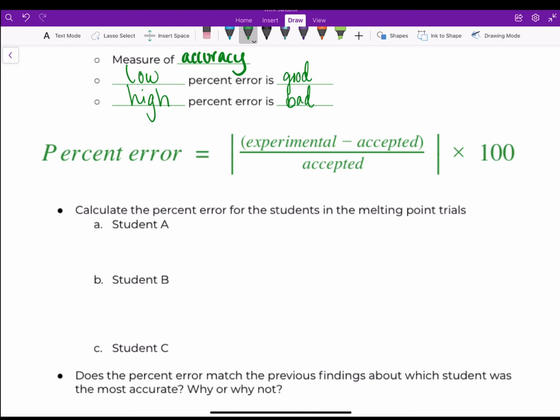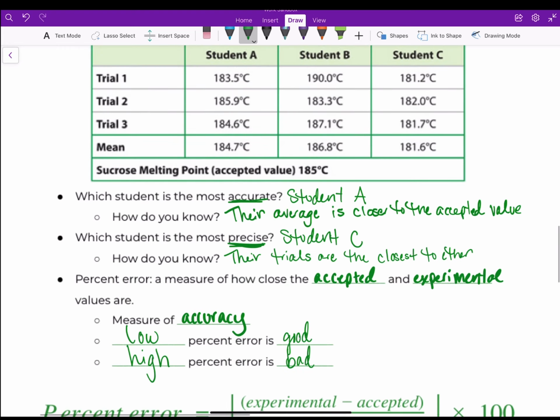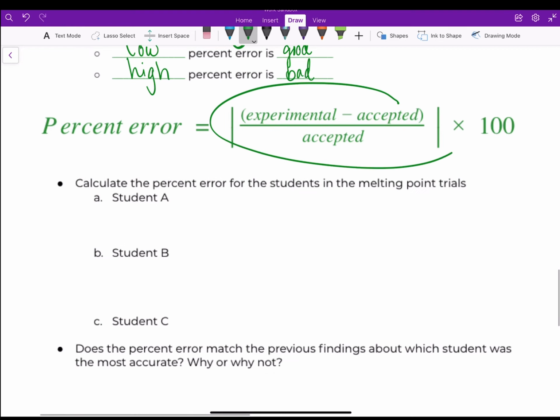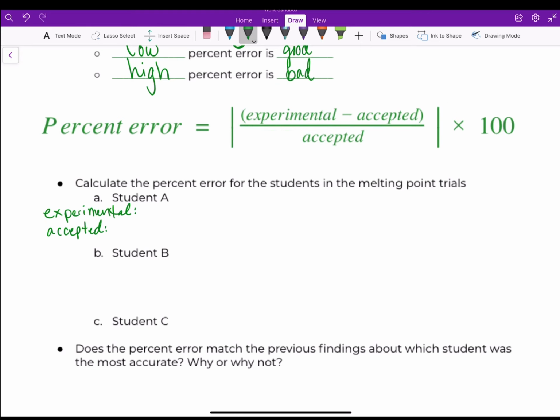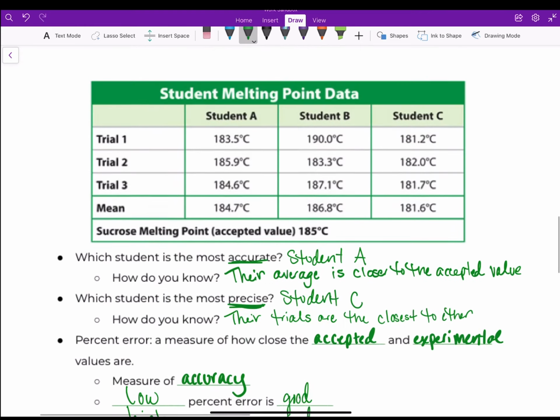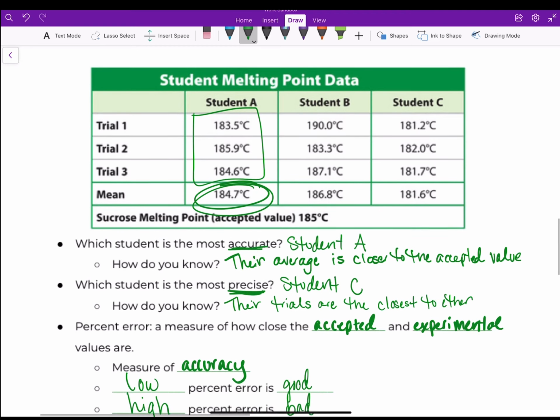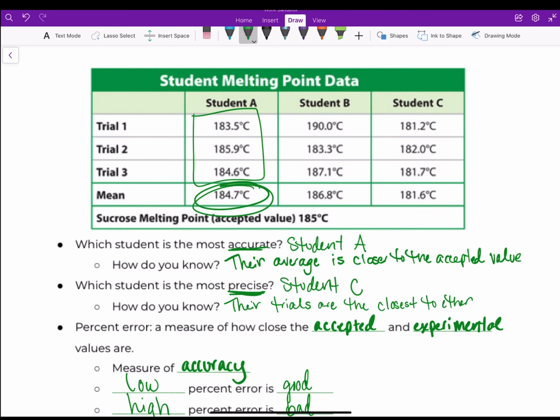So let's start with student A. We need a few numbers from student A. Looking at this equation, we need to figure out what is the experimental and what is the accepted. So let's go back up to student A. Student A did the experiment 3 times and they got an average. So we're going to use their average, which is 184.7, because they did the experiment and this is the value they got from the experiment.